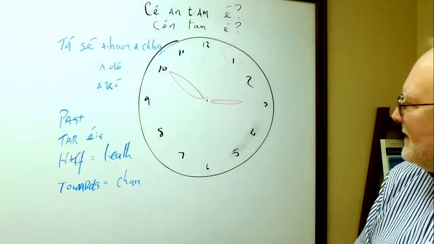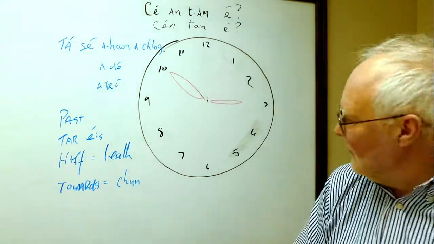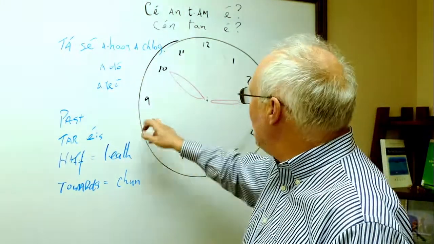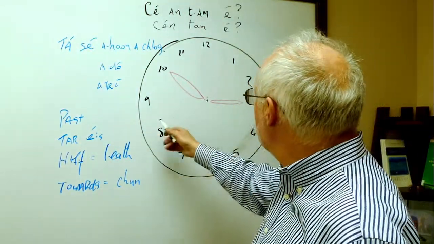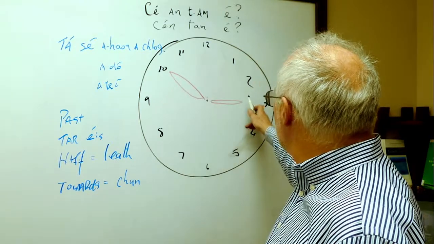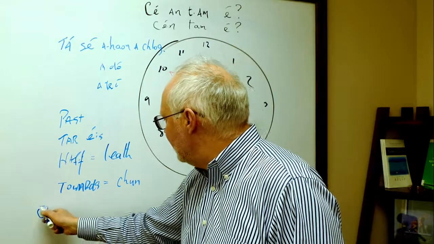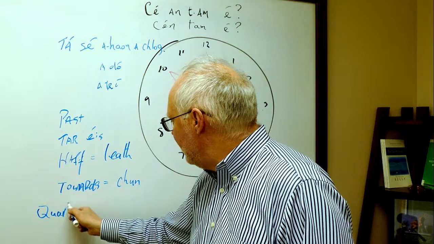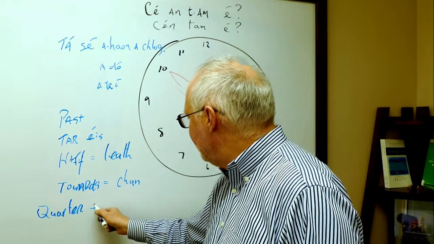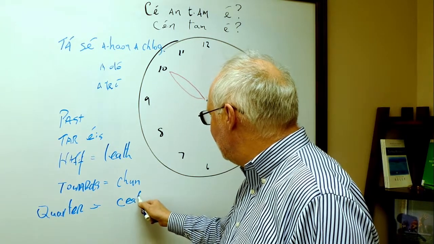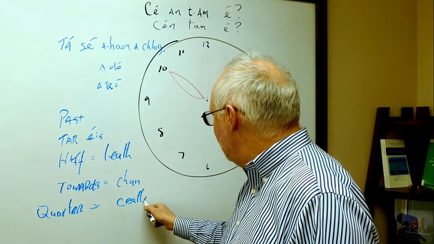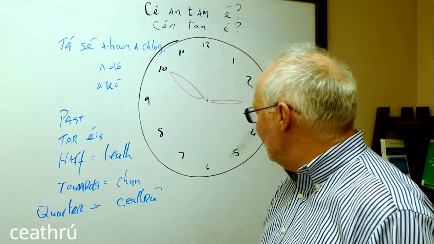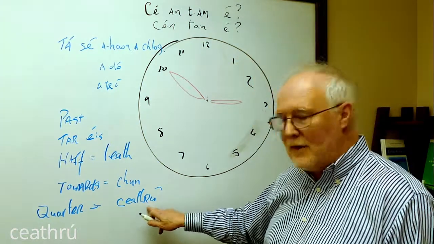So the piece that's missing is the quarter past and the quarter to, because when it's here it's quarter past, and how we get that is ceathrú. It comes from the word ceathair. Ceathrú, C-E-A-T-H-R-U, quarter.